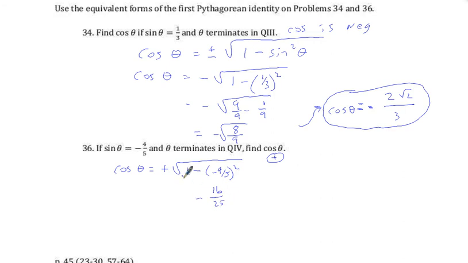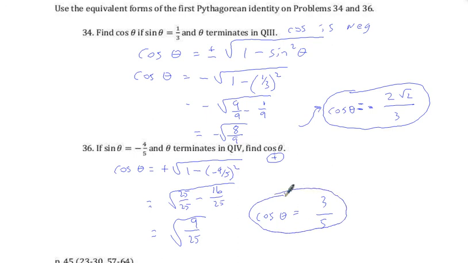I'm going to rewrite the 1 as 25 over 25. 25 minus 16 is 9. I can take the square root of 9 and get 3. I can take the square root of 25 and get 5. Again, our answer is positive, so cosine theta in this problem would be 3/5.